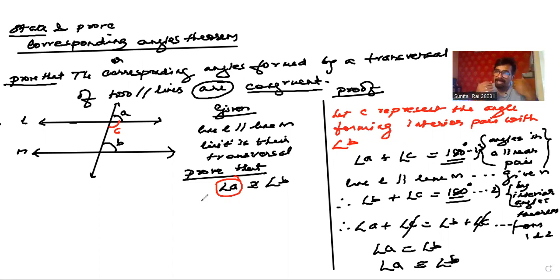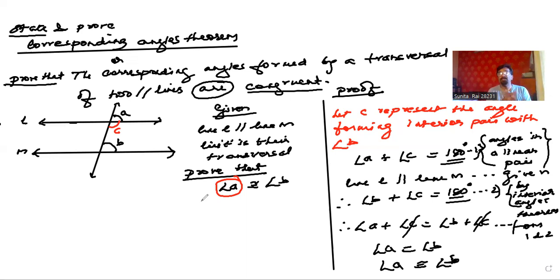When a transversal intersects parallel lines or intersecting lines, corresponding angles and alternate angles are formed. Now we are going to learn some theorems. The first theorem I taught you was the interior angles theorem. I called it a fundamental theorem because you have to use it again and again to prove the other two theorems.